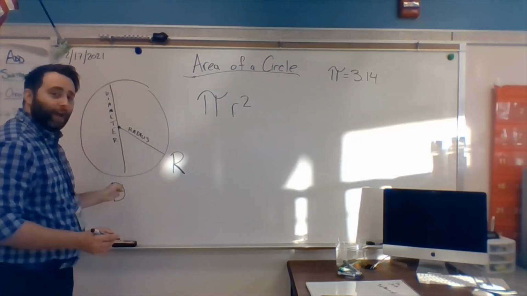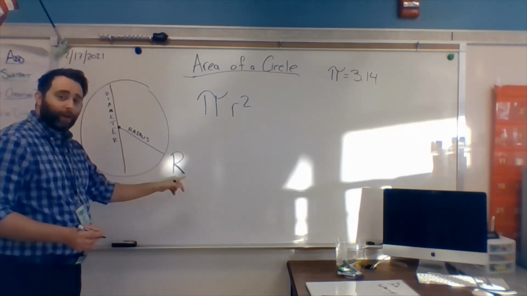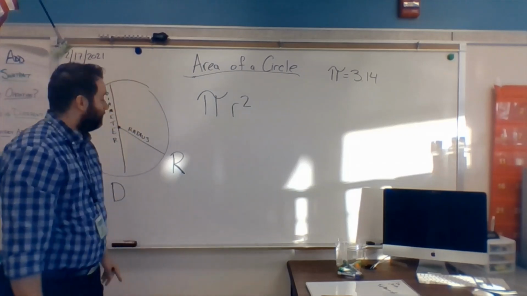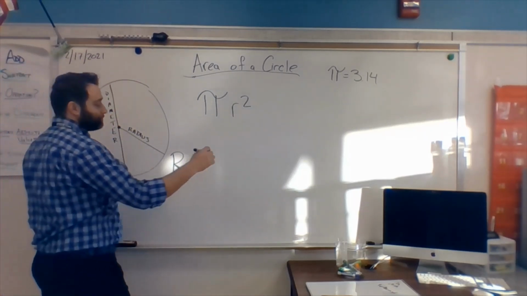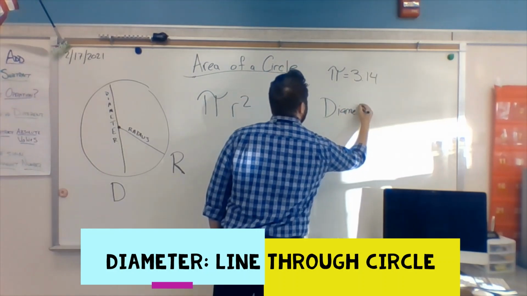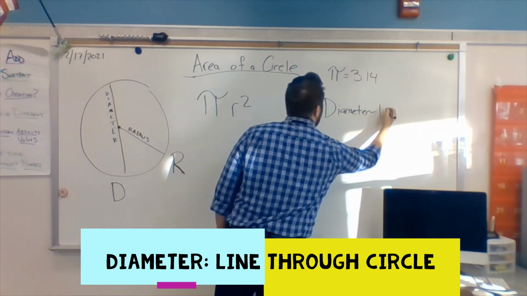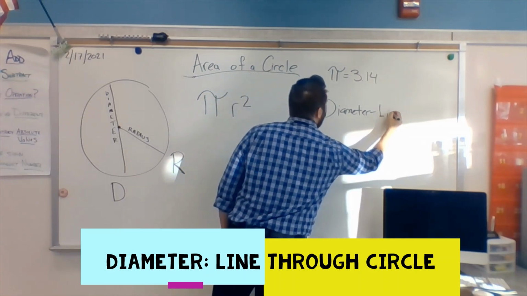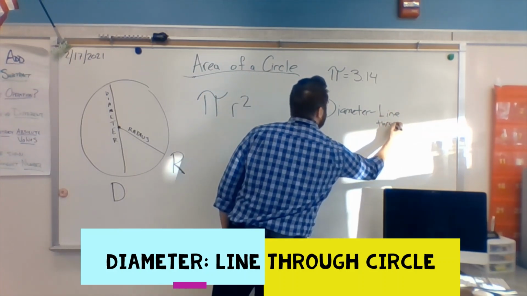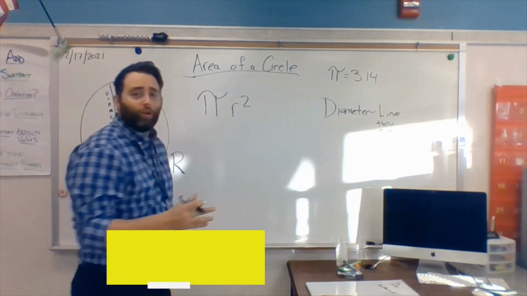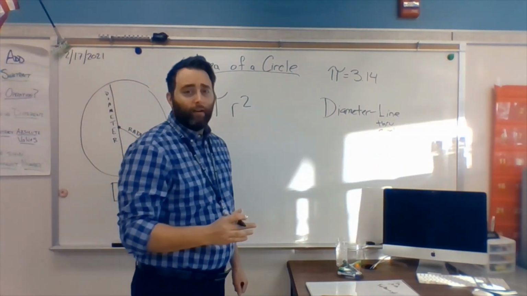D is a big giant half circle, and R, the radius, has that little stem, little half circle thing. So that's what it means. So diameter is, let's just do line through circle. It goes through the center of the circle. Oh, that's a terrible glare. Let me go get that.